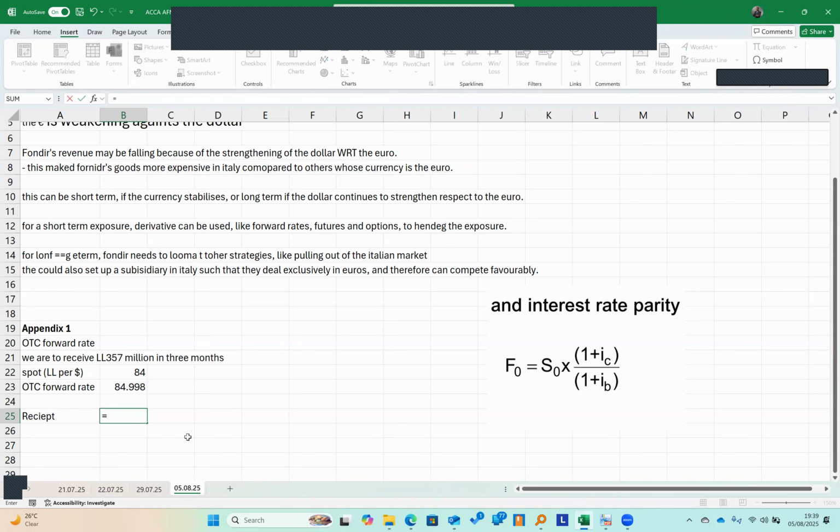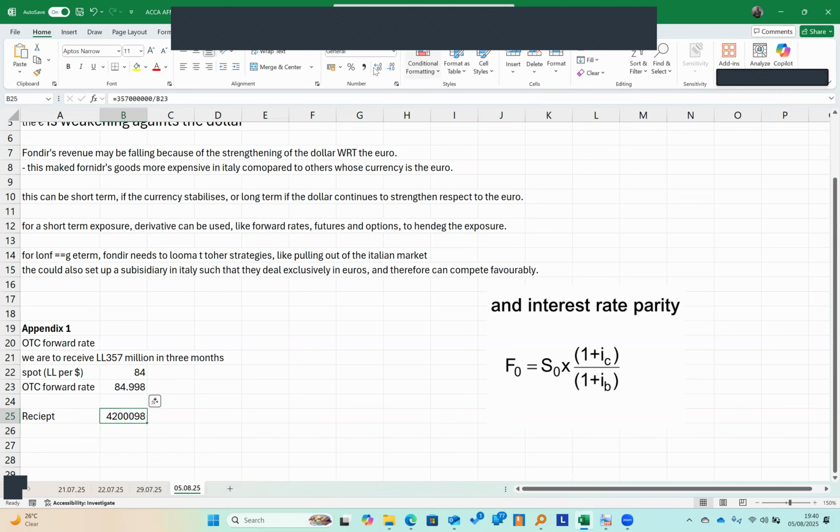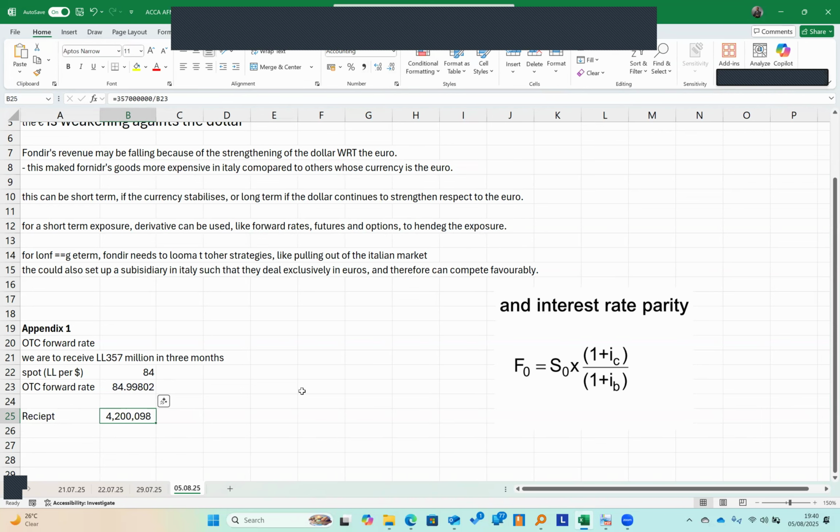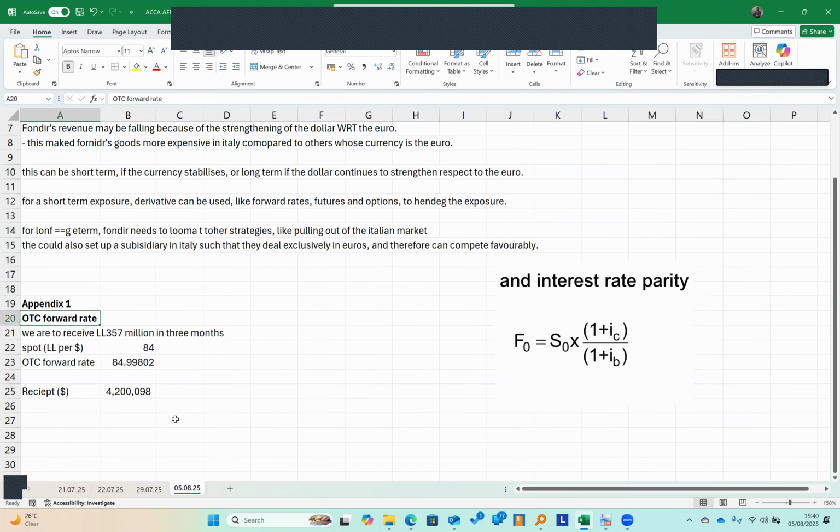So we are dividing 357 million by this, which gives us 4.2. These are $1 million. So this is when we are looking at the forward rate.